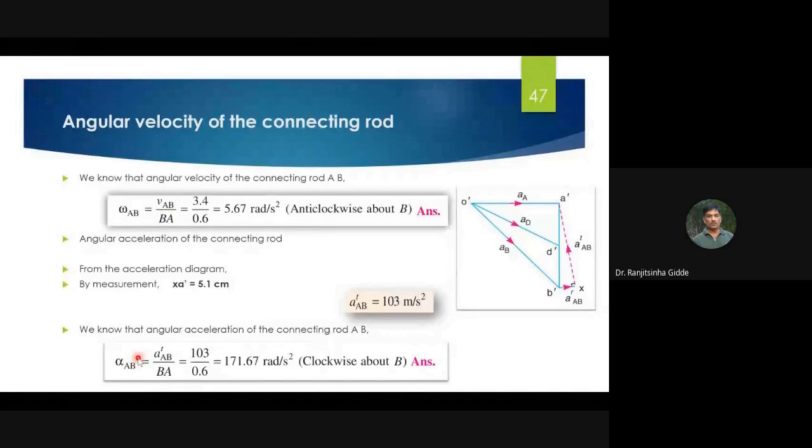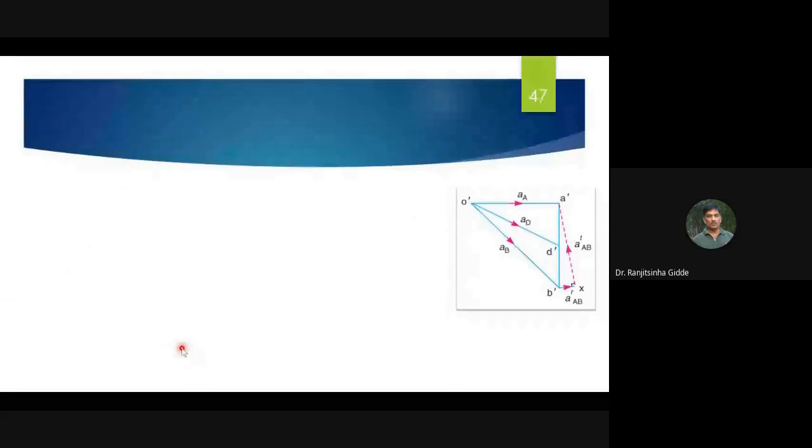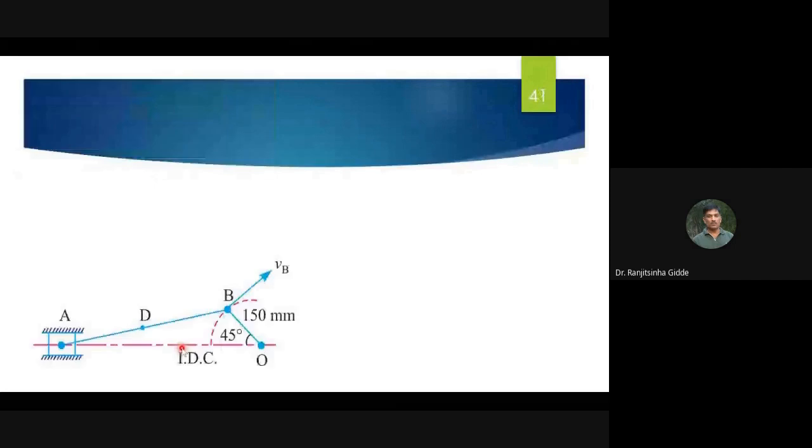Up to this completed? Yes, sir. Okay. So with respect to this point only, whatever previous slide, I will show you the previous slide, so in order to avoid the confusion in your mind.